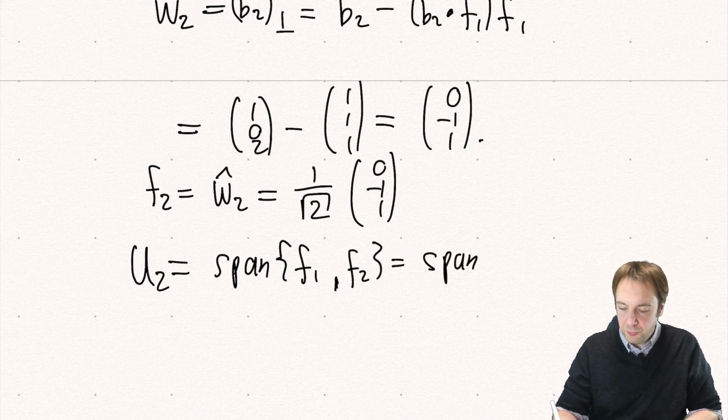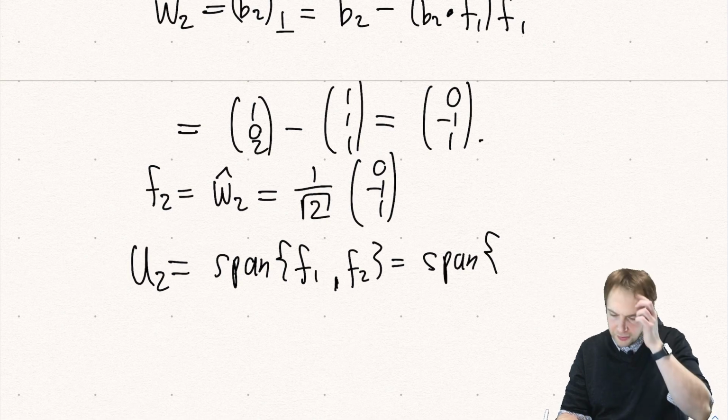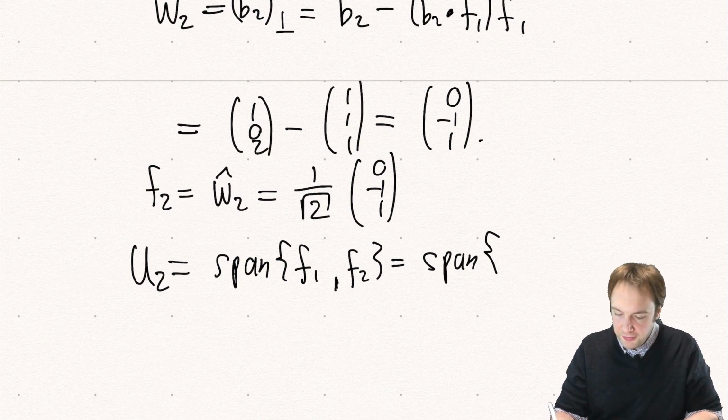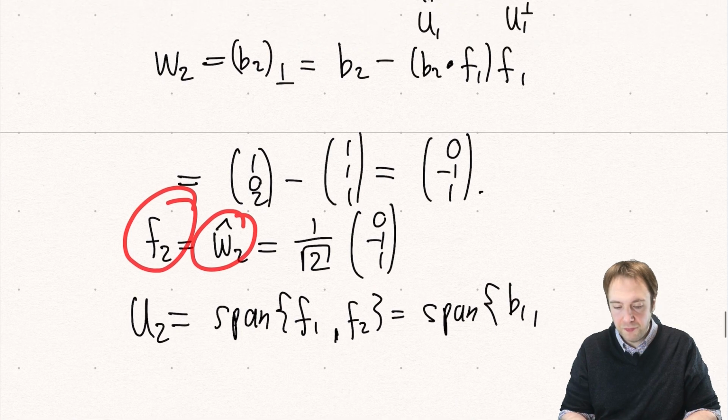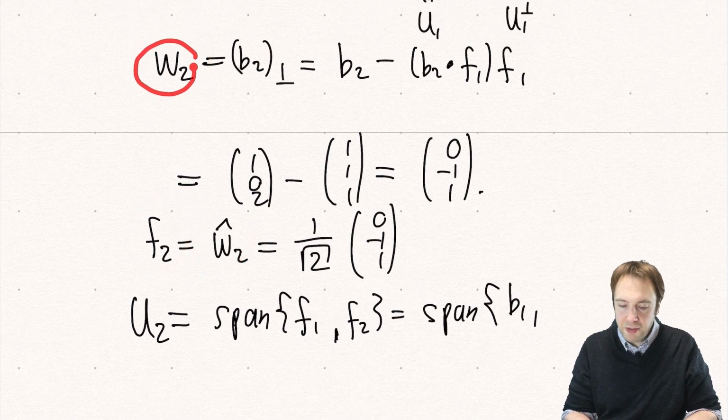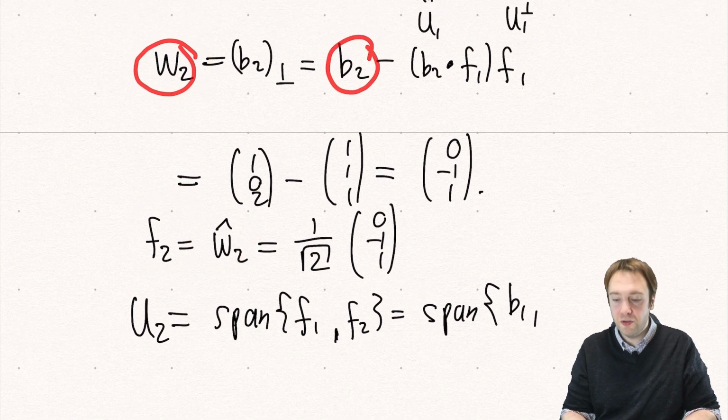Well, we know that F1 is just a multiple of B1, so we can replace it there, and F2 is just a multiple of this W2, but W2 is a linear combination of B2 and F1.